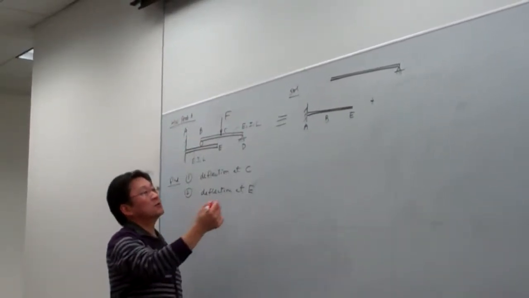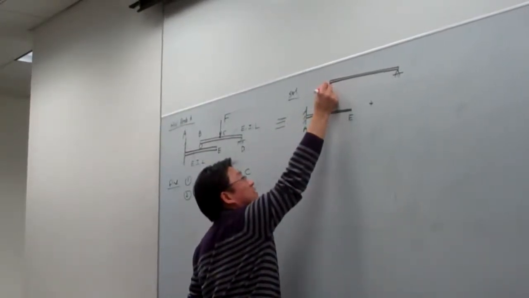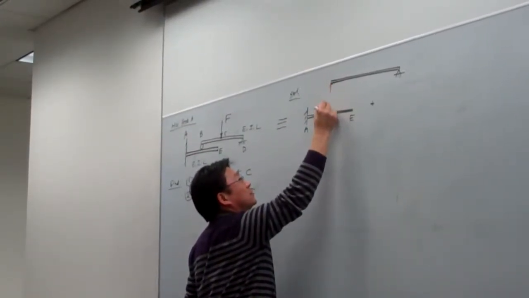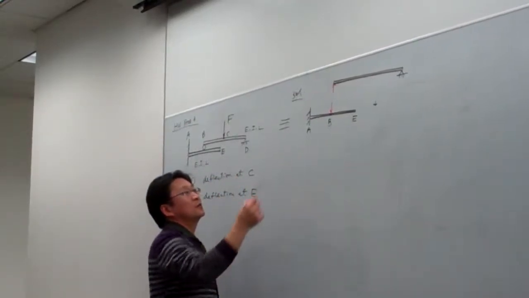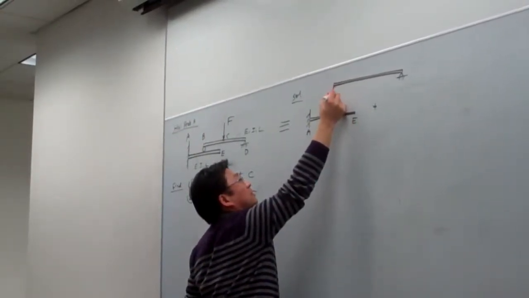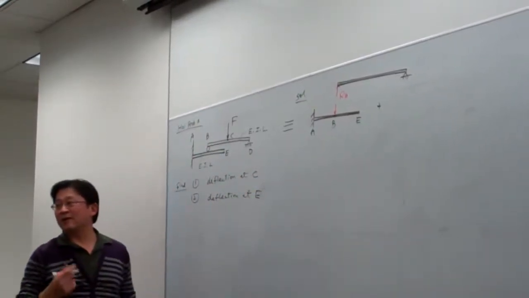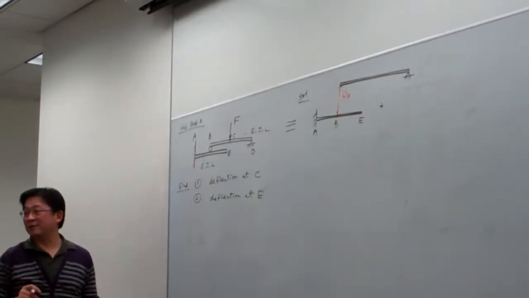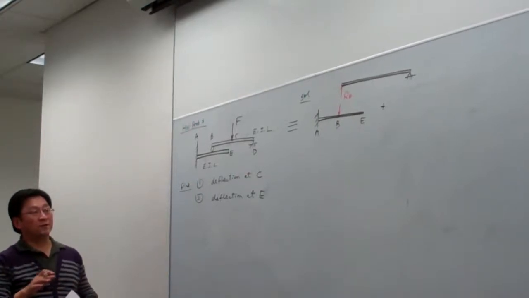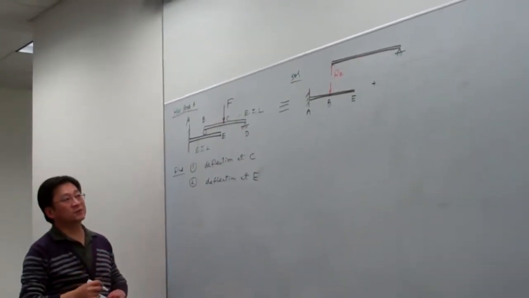Let me say the action is this, and the reaction would be here. Let me call this the reaction force, RB. The action and reaction forces happen at the same time, at the same point of the two different systems.